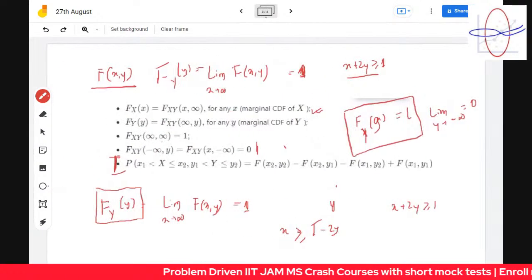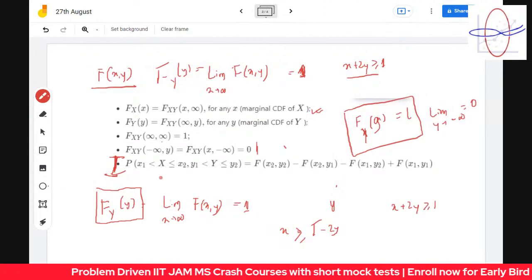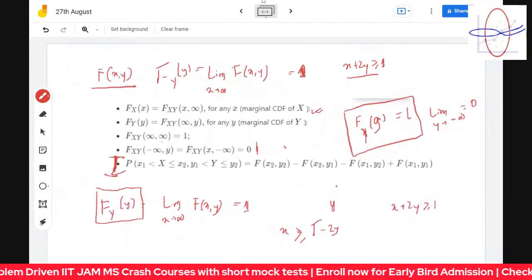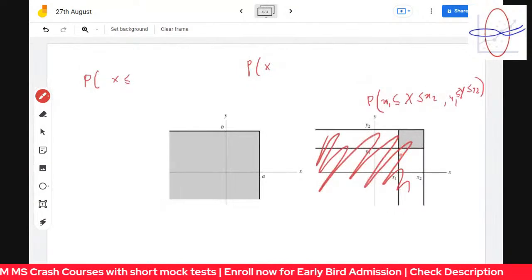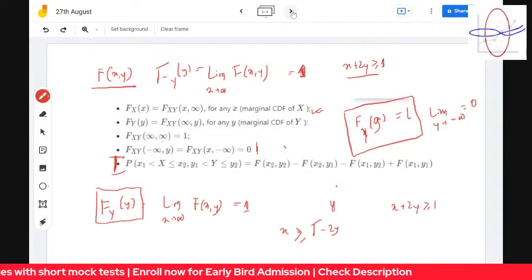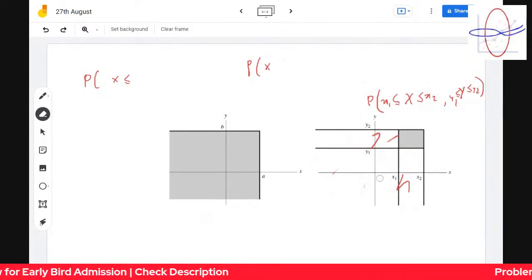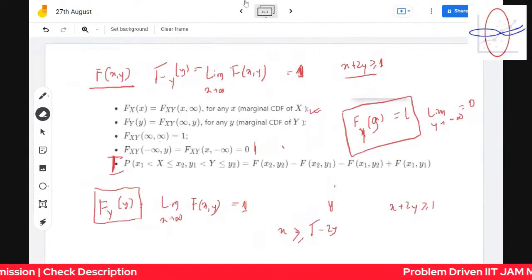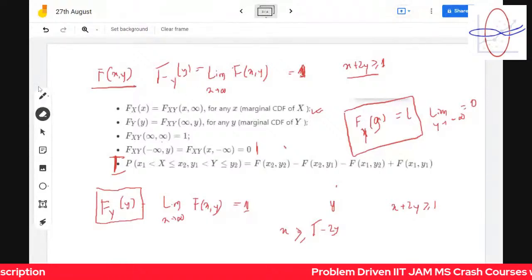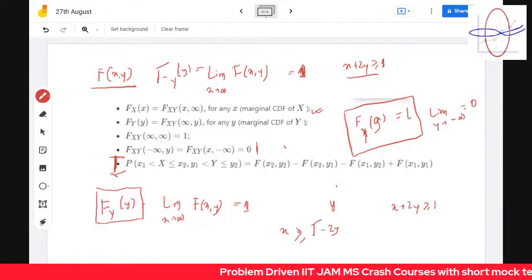So we can find the probability lying in a small rectangle in terms of the CDF, and that's the result here. I'm not explaining why. It's your work, do the homework, but this is the result.